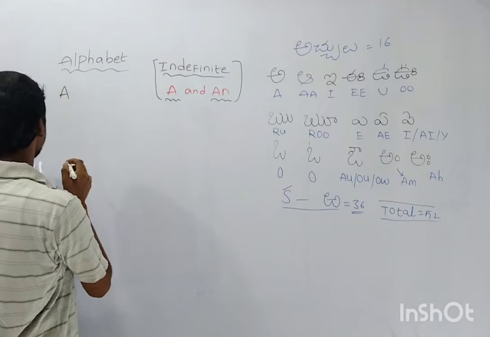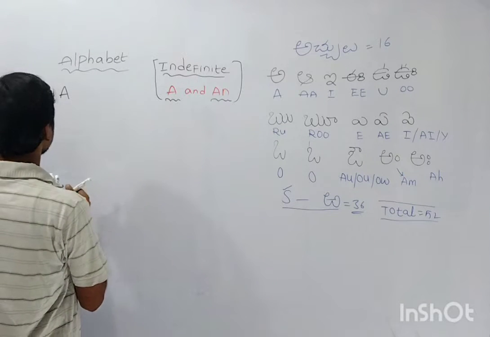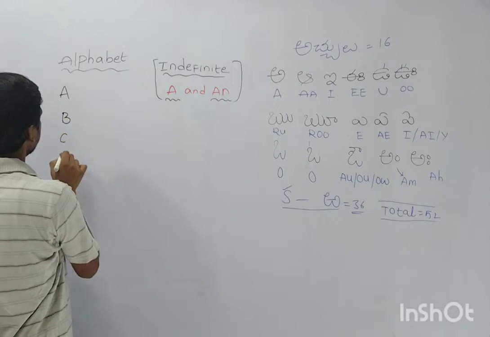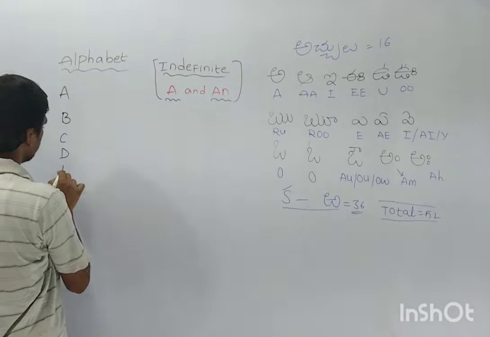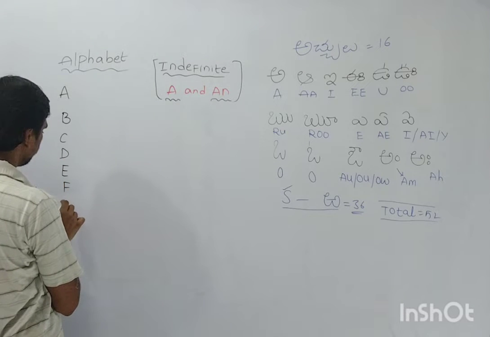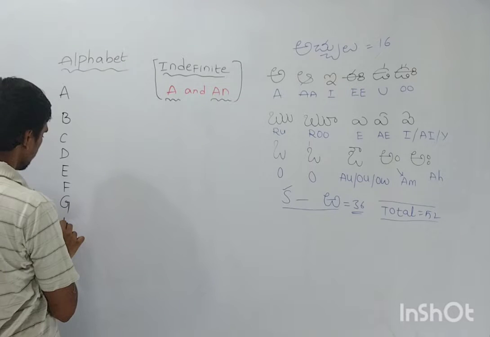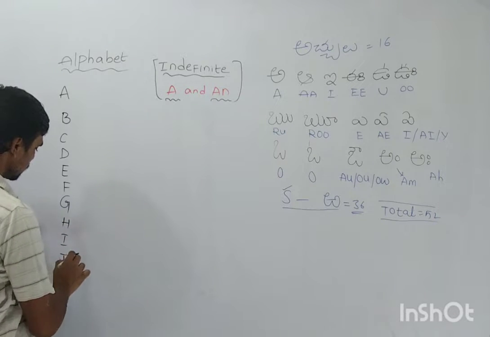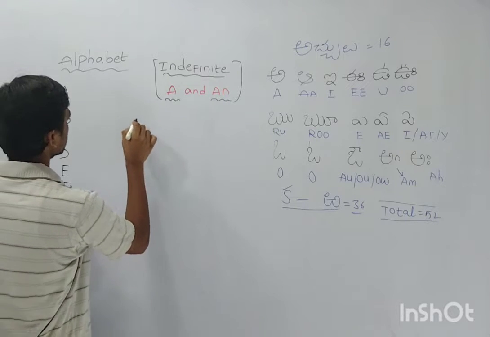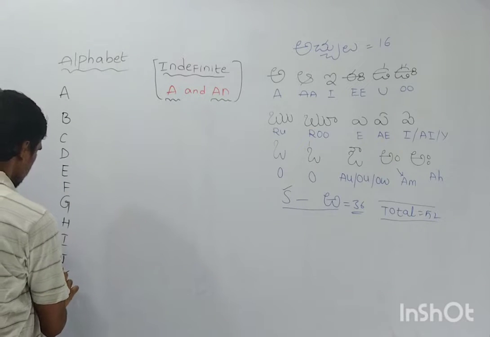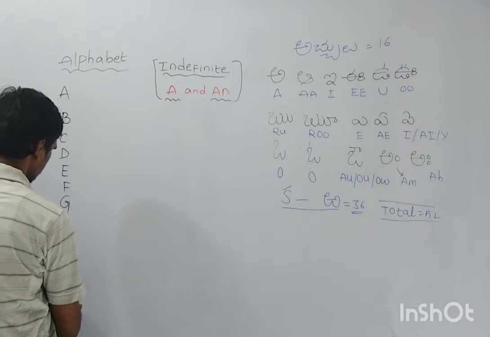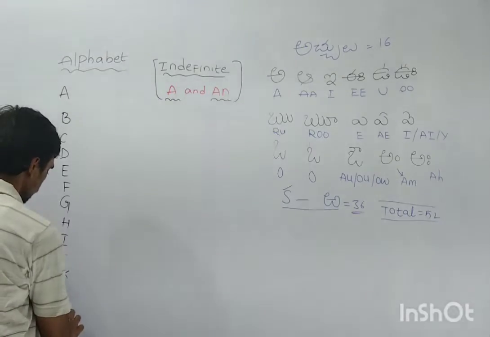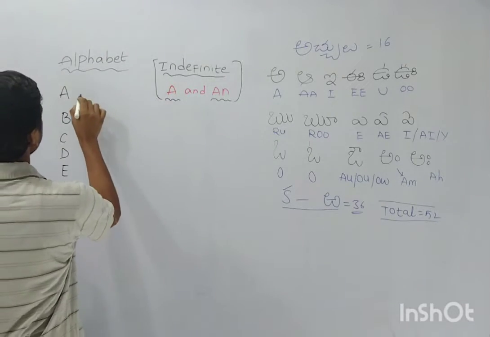Try to understand. So I am writing here what a, then b, c, d, e, f, g, h, i, j, k, l, m. So I am writing this sound also.